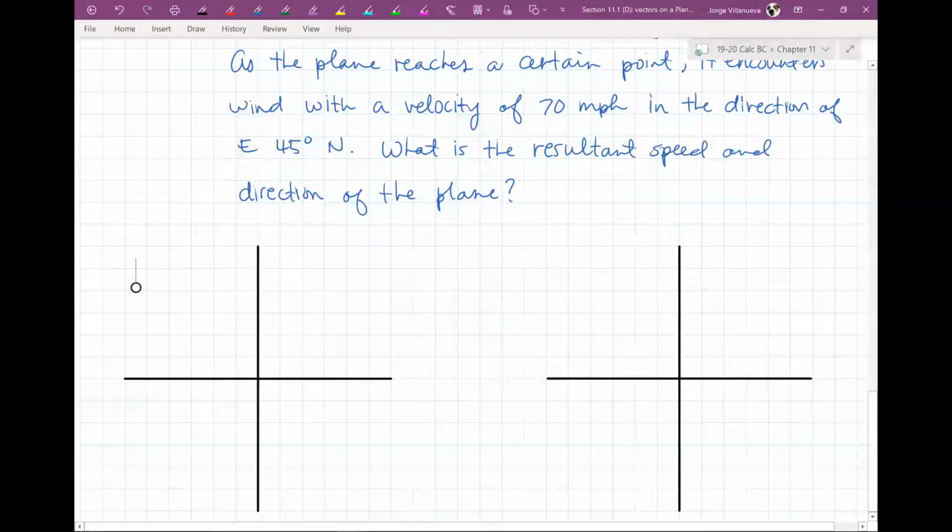All right, so the first picture is going to depict the original plane and the way it's traveling. They said that the plane is traveling at north 30 degrees west. So we'll put it about here. And we're going to call this velocity 1, because that's the initial velocity. And here's a poorly drawn airplane.